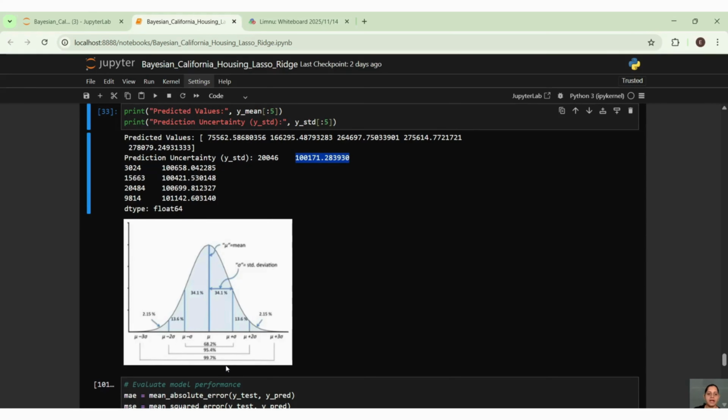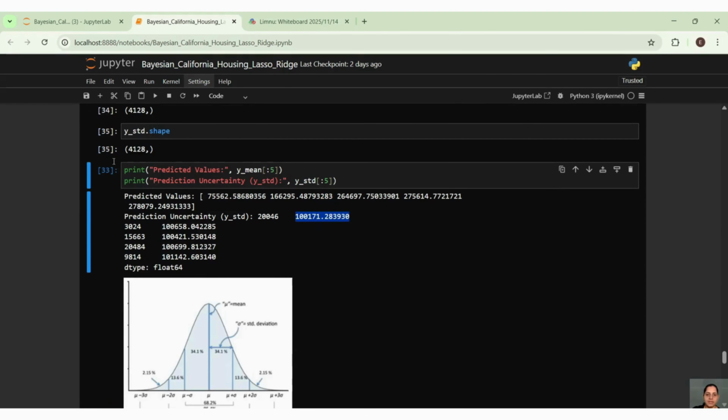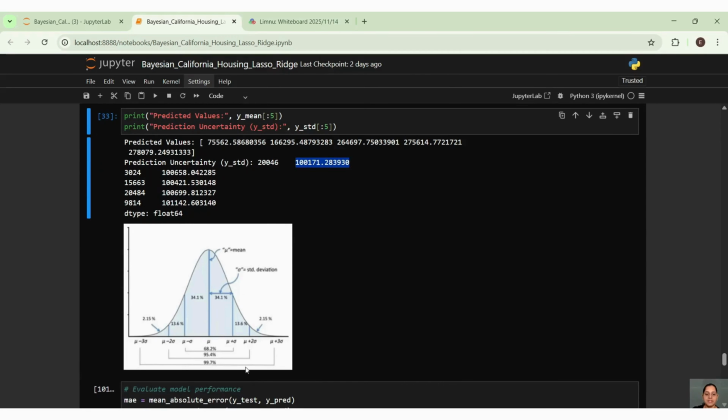And in case of this estimation, what exactly we are understanding is that the whole data points, like 4128, should be covered inside this range, 99% of my distribution. That should be the inference.